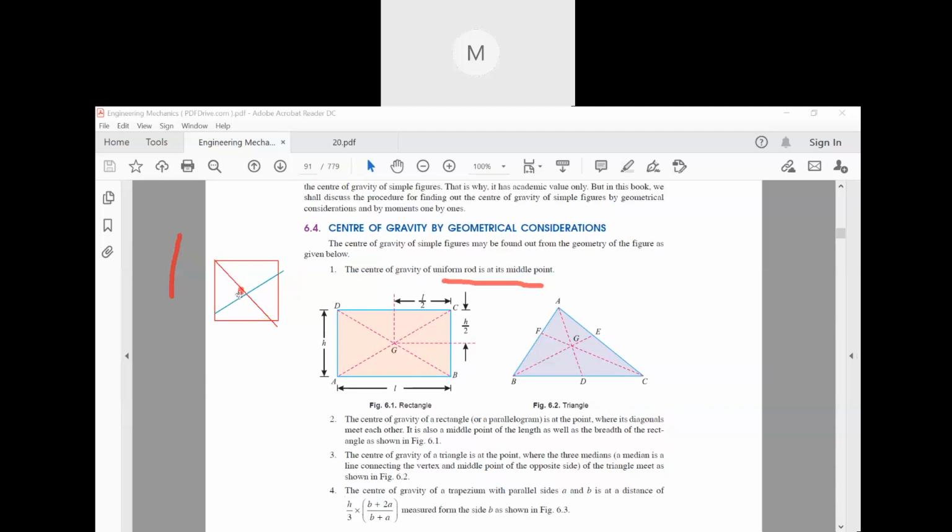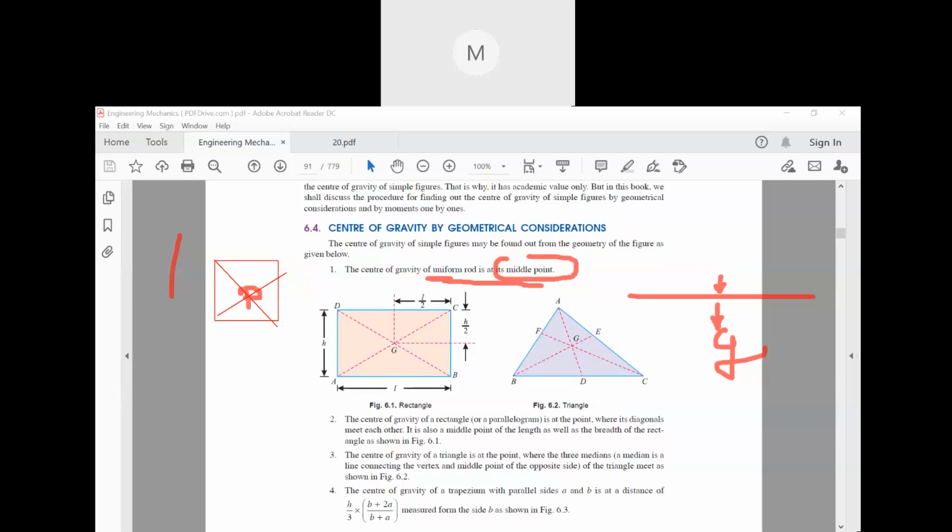The point at which these diagonals join is called the centroid or center of gravity. Now for a uniform rod, suppose there's one cylindrical rod like this. It is at its middle point. That means at the middle point, we will consider the gravitational forces to act.